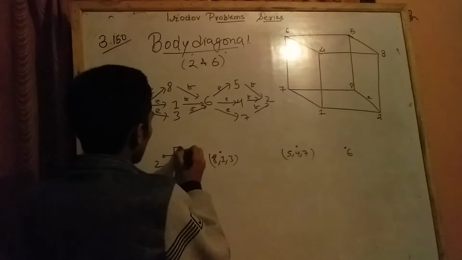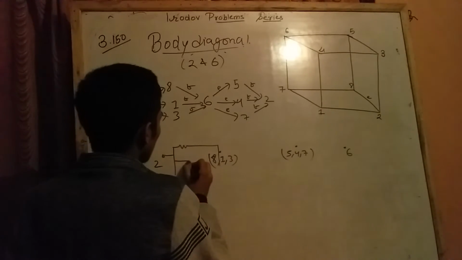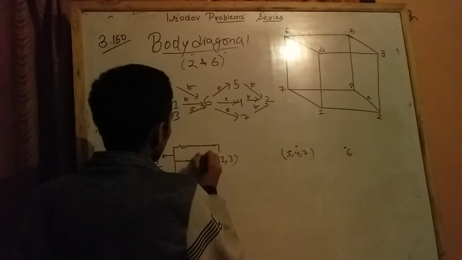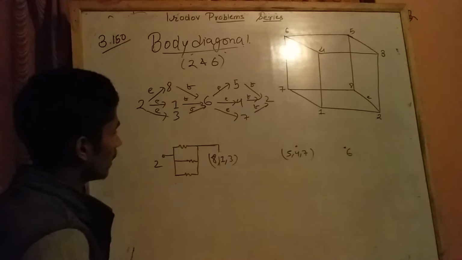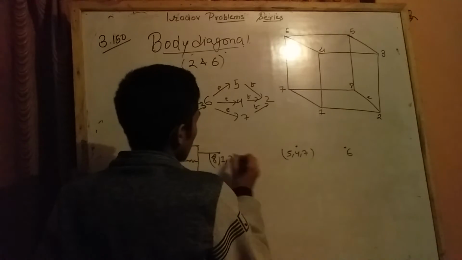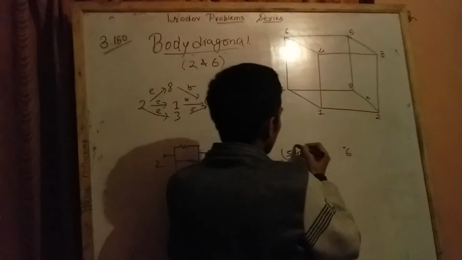So let's make it quite good looking, 2 and 3, right? Okay, similarly, from 5, 4, 7 and 6 there are 3 resistances.